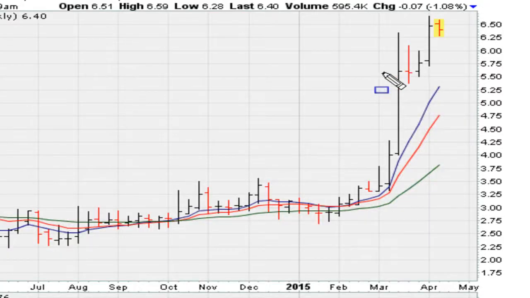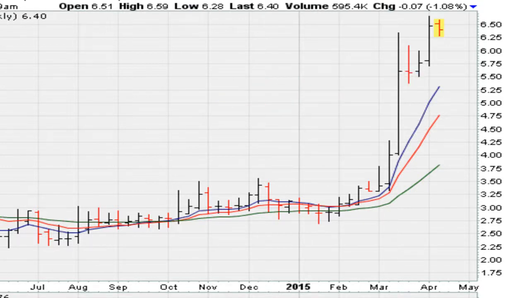And we can see here that there was a close there on the weekly time frame, and then we've only had 1 week of rest right there. So we cannot use the weekly for an entry right now because we haven't seen any recent minimum of 2 weeks of rest. So we cannot use the weekly chart on this one.